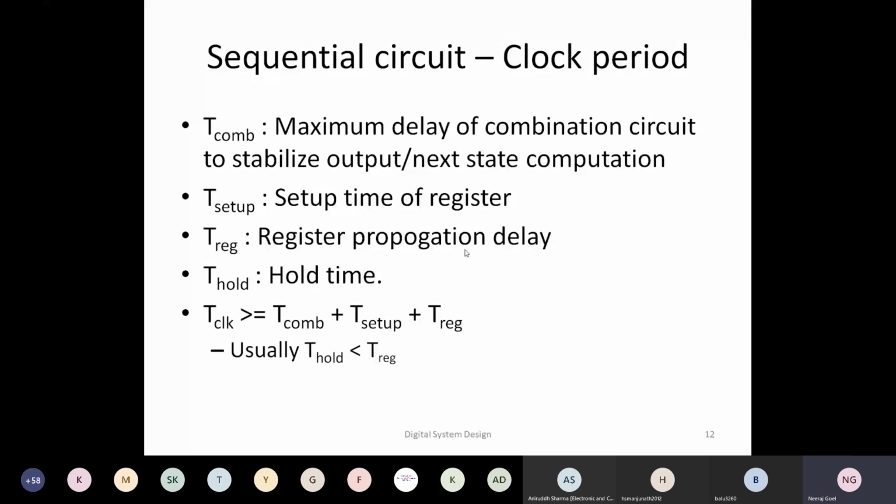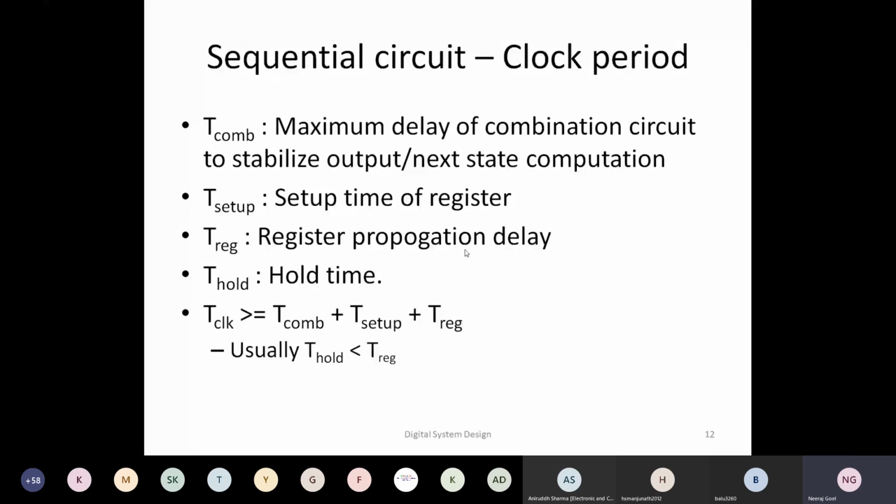If we put a microscope, although it samples the value of D at the rising or falling edge, the output is reflected after some delay. This we can also refer to as the inertial delay, which we discussed earlier. So there is some inertial delay within the register, which we also call propagation delay, T reg.